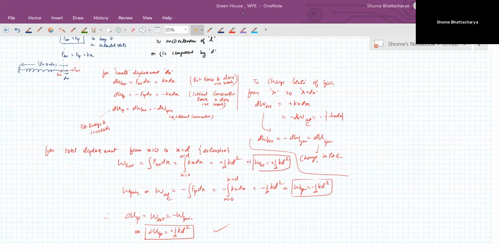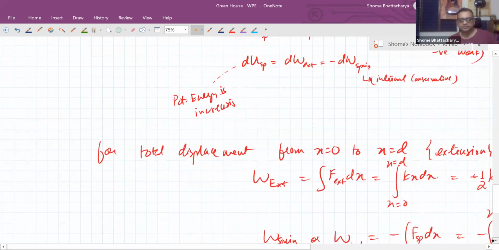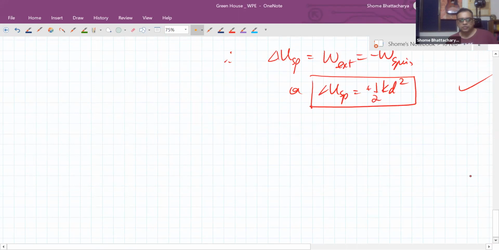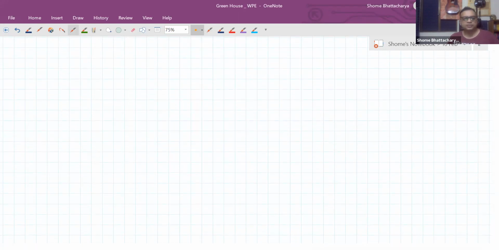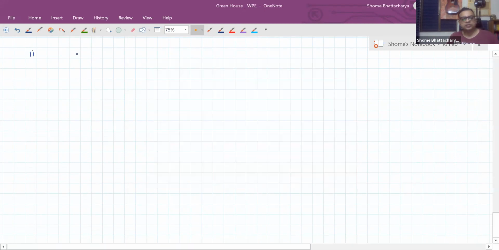Okay. Now let's come to the second part where next what we are doing is, instead of extending the spring, we are compressing it. So in fact, let's do this part now as a numerical problem. Suppose it's given to us that the spring constant is 100 newtons per meter.